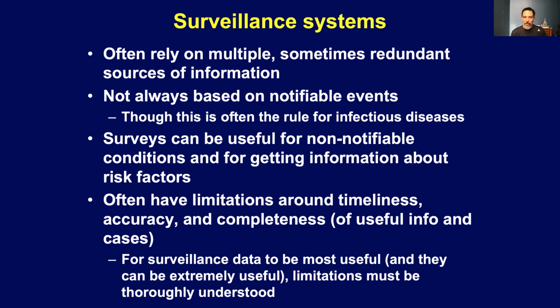You may have situations where you don't hear about a case of a given disease from a provider, but you do hear about it from the lab, and that can prompt an investigation on the part of the health department to find the provider, get the clinical information, and complete the case report. So these two sources together can really bolster completeness and comprehensiveness of the surveillance system.